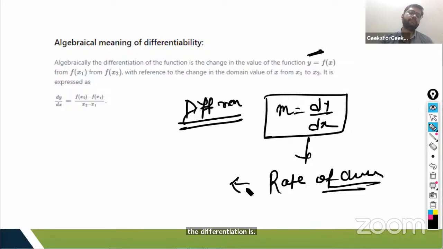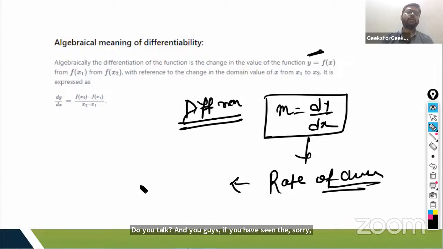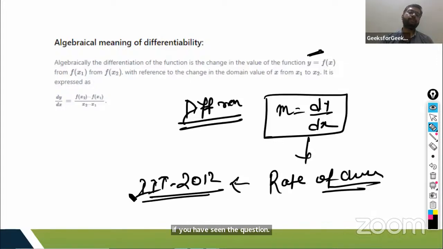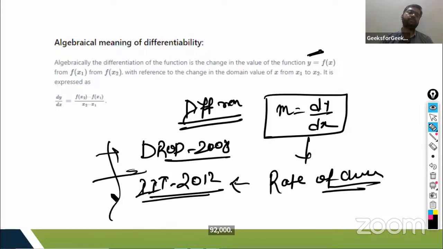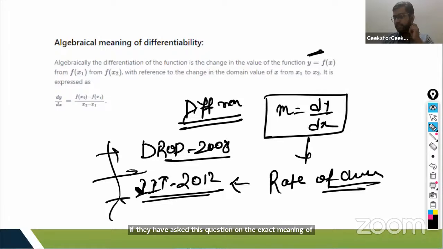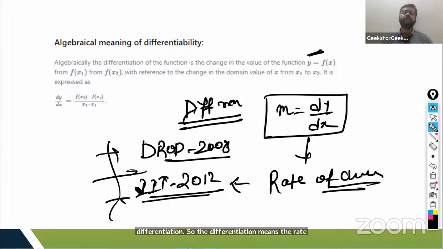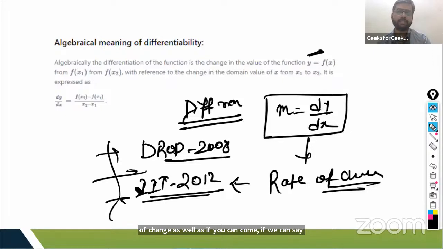If you have seen the lecture, if you have seen the question, IT 2012, they asked this question only: the exact meaning of differentiation. So differentiation means the rate of change. You may say tangent, but tangent is an application of differentiation.